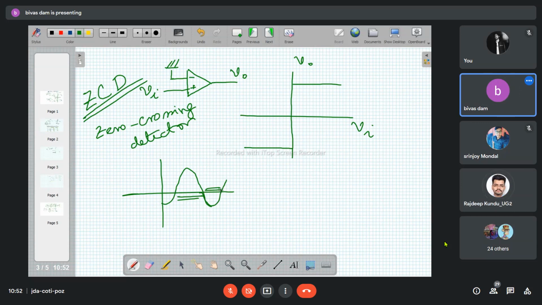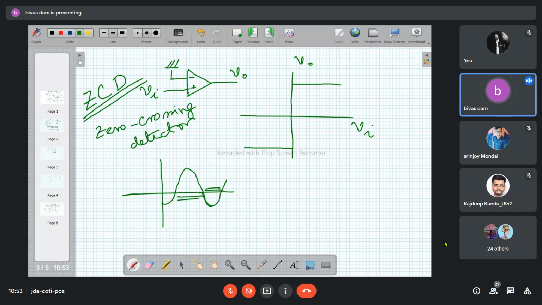So this type of configuration is also applicable as a sine wave to square wave converter. Remember, the fundamental frequency will remain the same. There will be no change in the frequency. Only the duty ratio may differ from case to case.